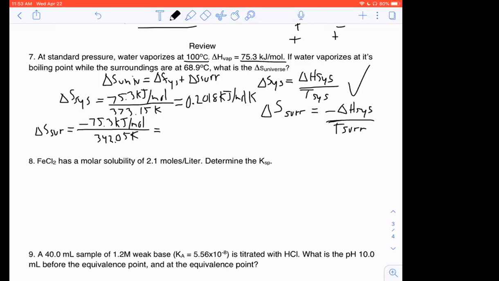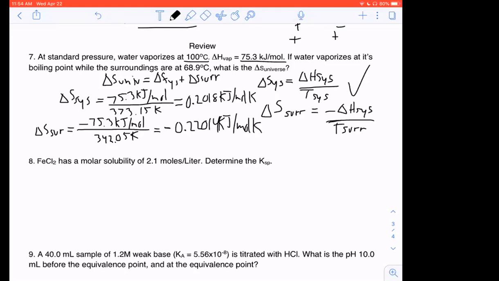And what that ends up giving you then is negative 0.22014 kilojoules per mole Kelvin. So you have those two values.